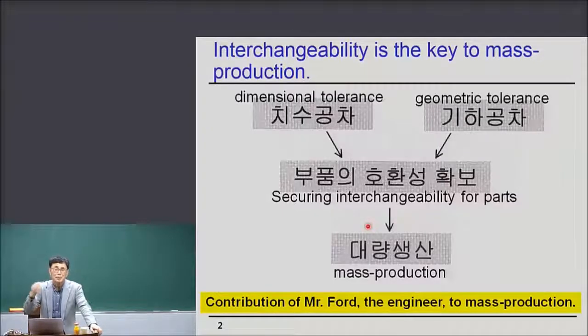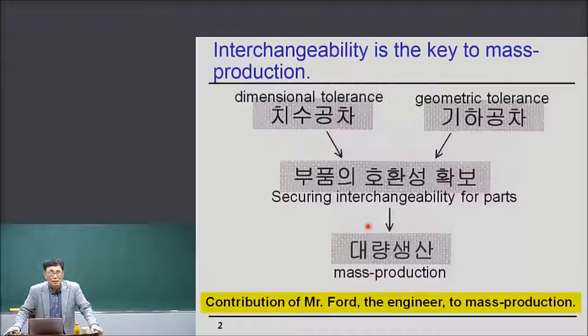Anyway, if you try to select the upper limit and lower limit at step two, firstly, you have to select the fitting system, right? I told you that there are 5 fit systems. The first one is a loose fit, then cross fit, precise fit, press fit and shrink fit, 5 fits. So you have to select what fit system is proper considering the function of the part, okay?